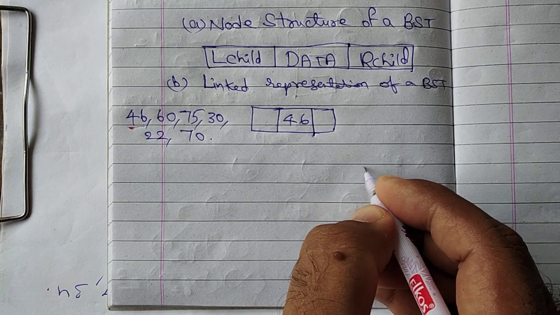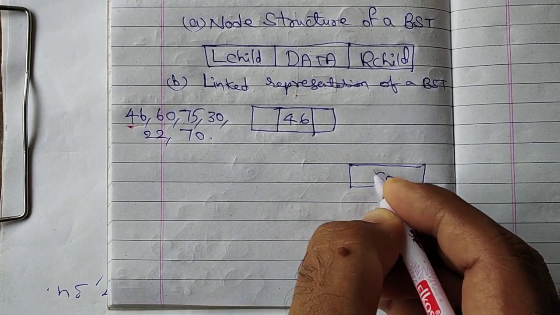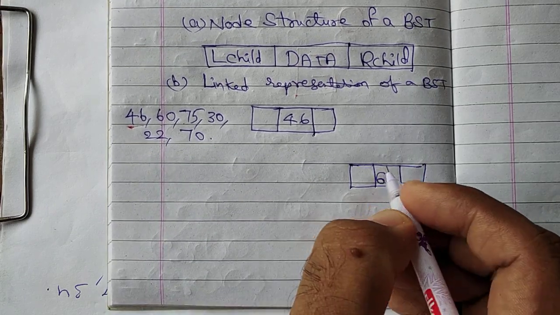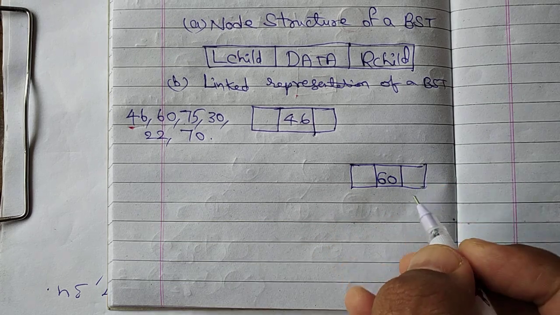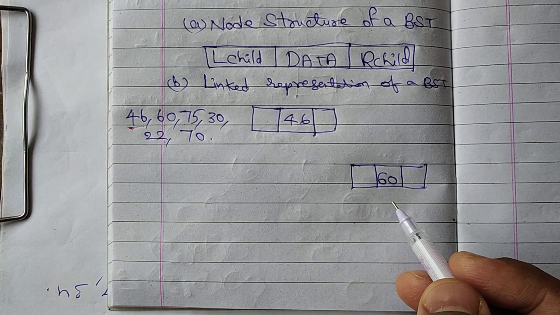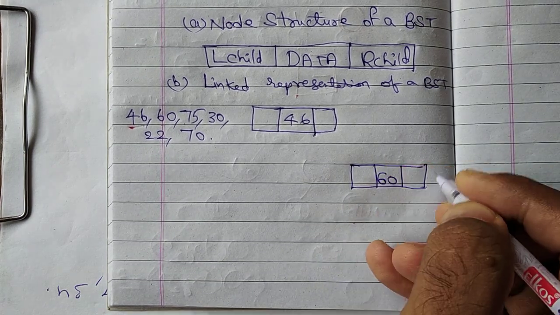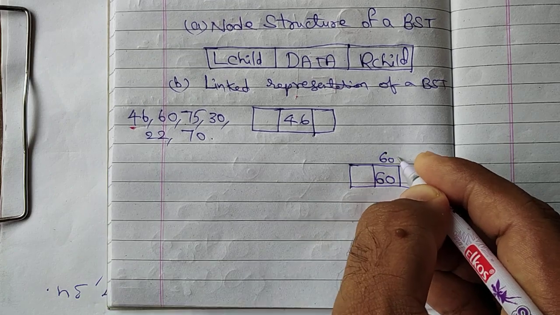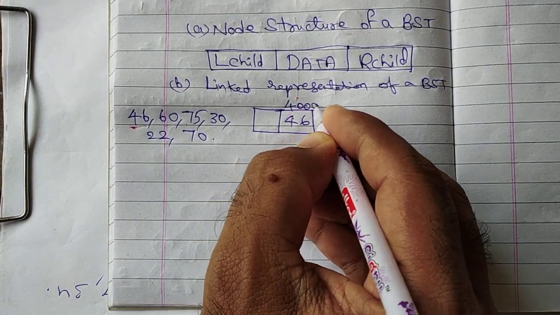So first create one more node, that is 60. You know very well, in a computer all the information is stored as per addresses. Suppose assume this node address is 6000, and this node address is 4000.